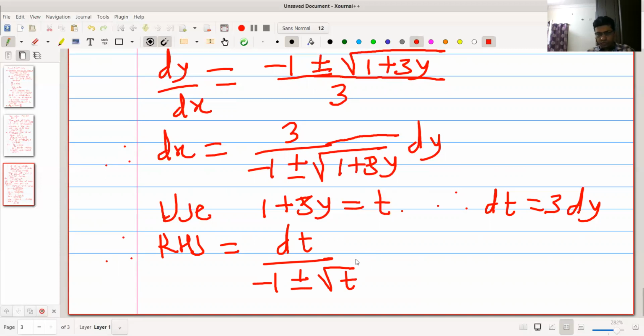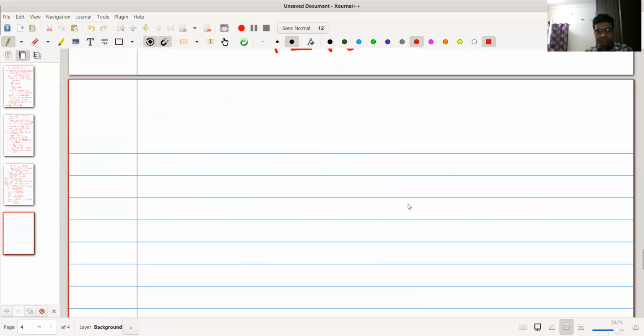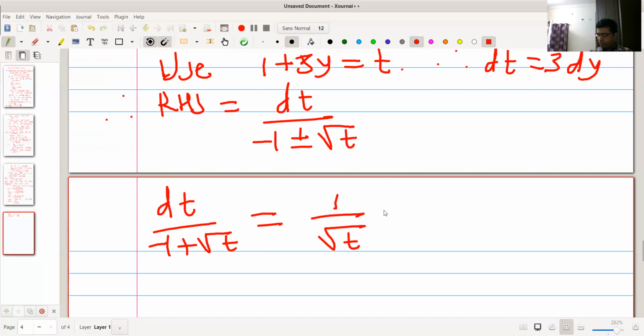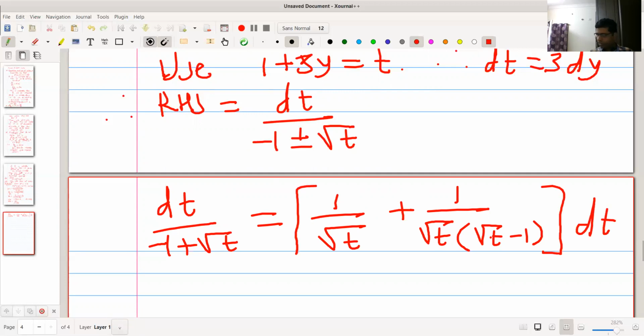So let us take two cases. If we take the plus sign, then dt divided by minus 1 plus root t can be written as 1 upon root t plus 1 upon root t into root t minus 1. This will be simpler to integrate.